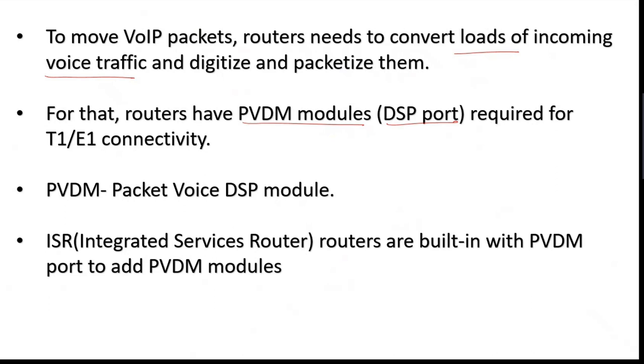So when we have to connect our edge router to the PSTN, we need to connect it via T1/E1 connectivity, and for that, the DSP port or PVDM module is required. PVDM stands for Packet Voice DSP Module. Routers which are built in with PVDM ports to add PVDM modules are called ISR routers, integrated services routers.